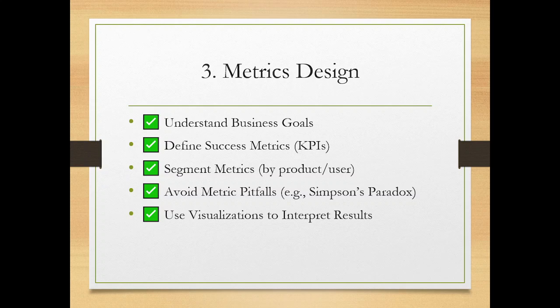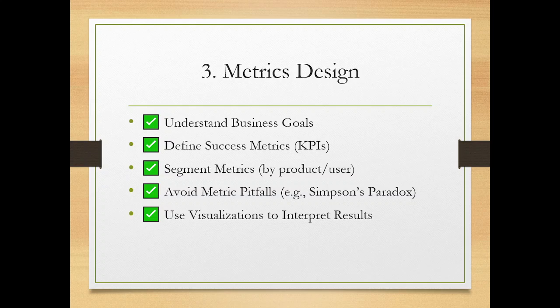So first of all we have to define what is going to be a success metric for this particular model. Then we have to segment the metrics. By segmenting the metrics, we understand which metric comes under what category. Certain metrics might belong to the product category, certain metrics might belong to the user category.